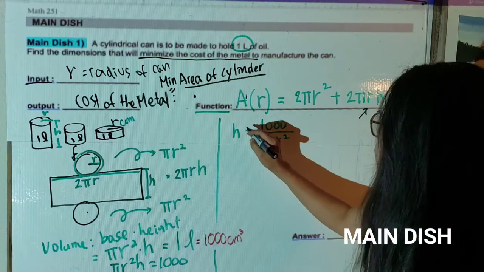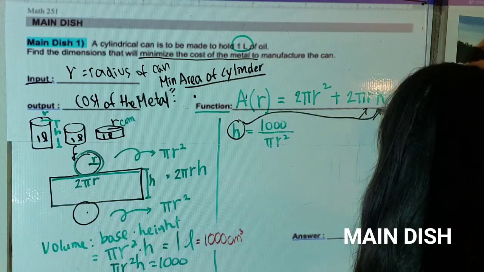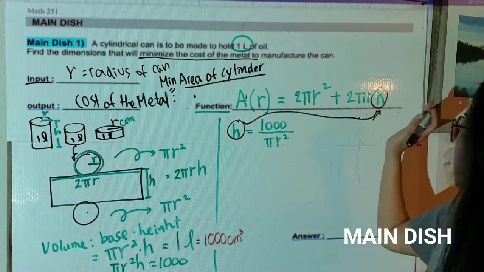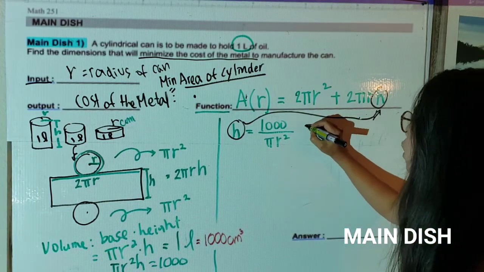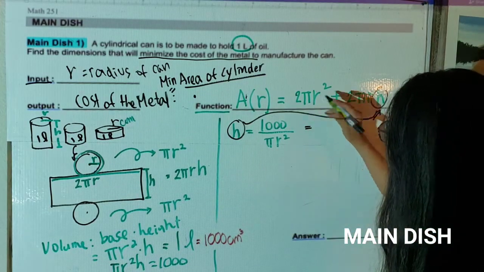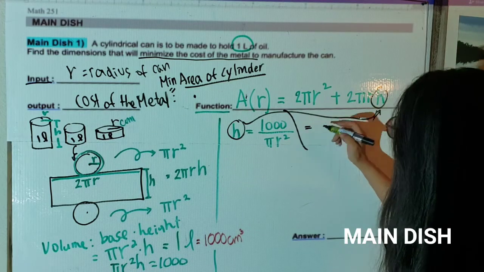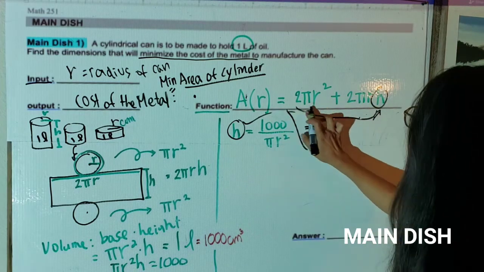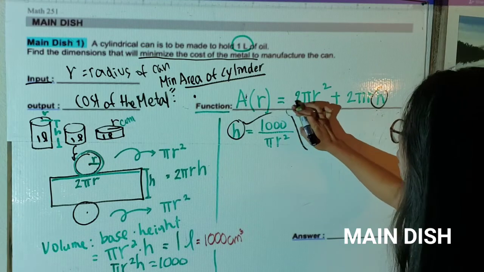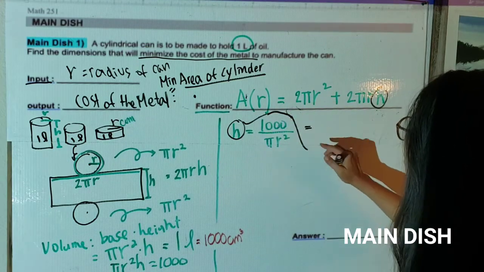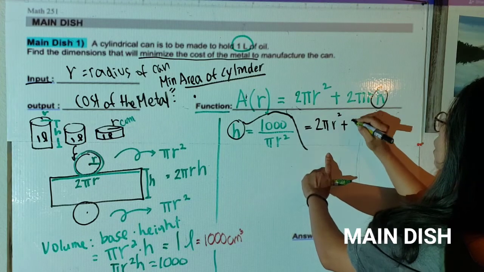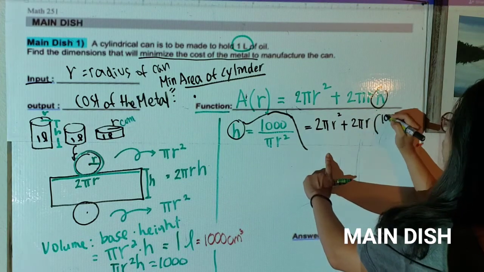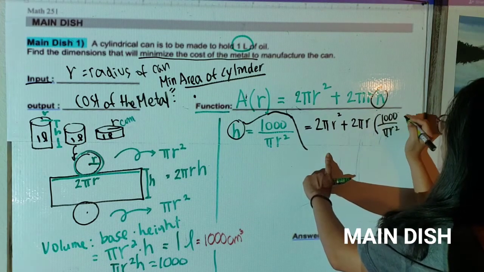So if I substitute this h, then I can rewrite all my equation in terms of r. By plugging h here, that's going to be 2 pi r square plus 2 pi r times 1,000 over pi r square.